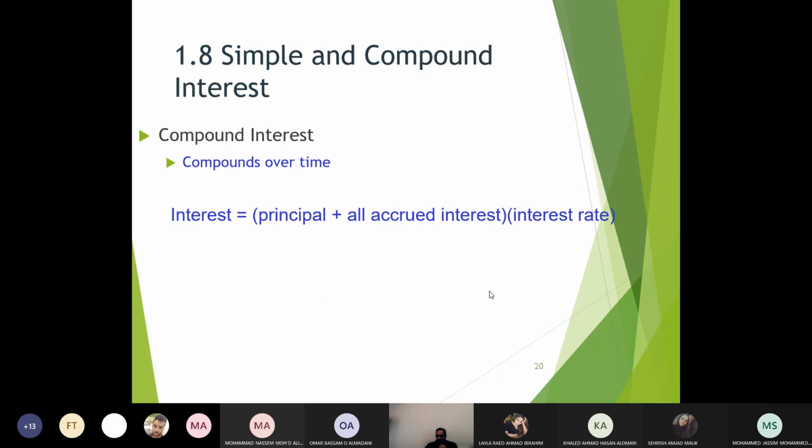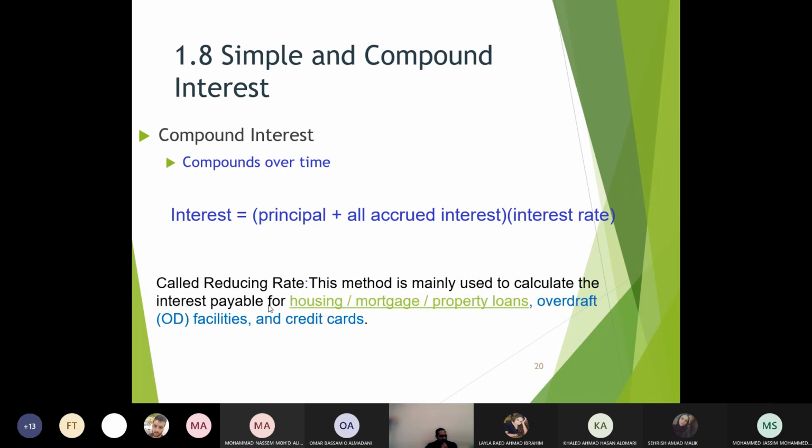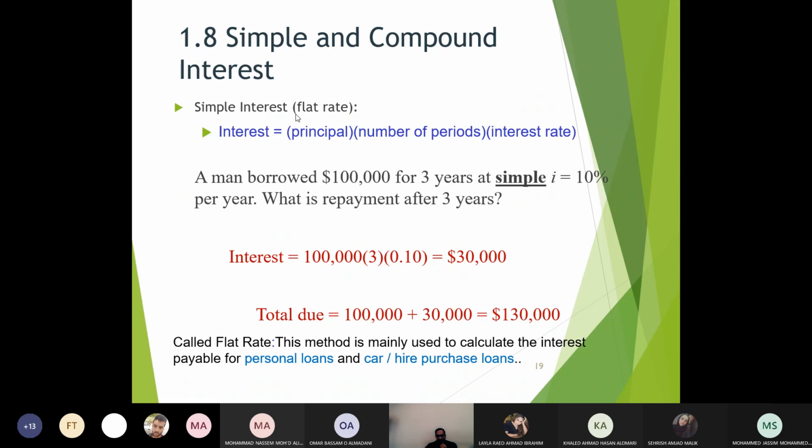In that case, definitely the formula will change. And we said principal plus all accrued interest, and that's the meaning of building, multiplied by the interest which is given. And this is basically what we are using. It's called reducing rate. Please remember, guys, this is a reducing rate, and this is called a flat rate.